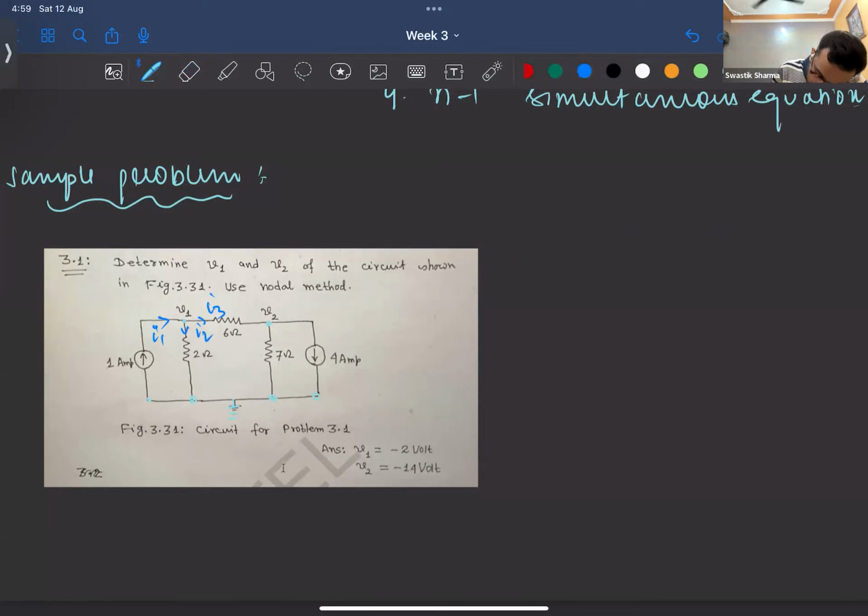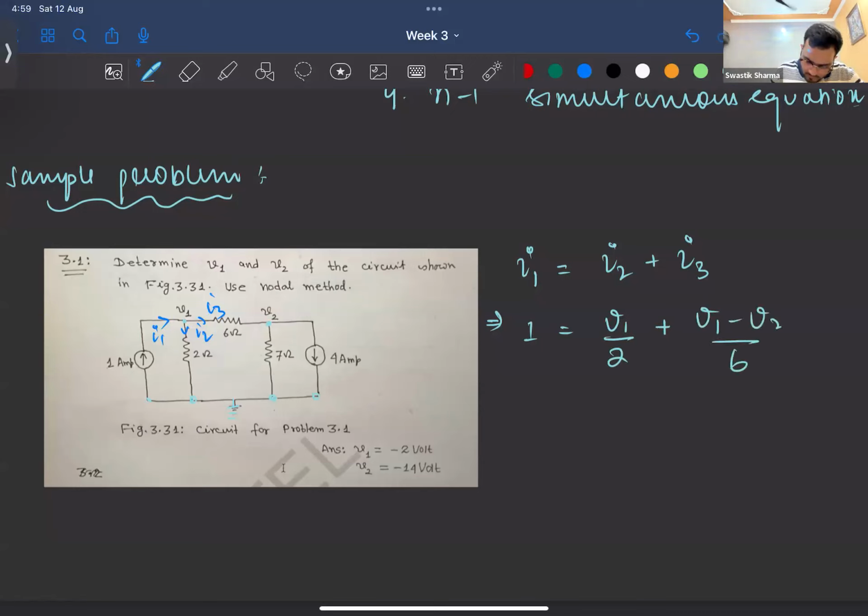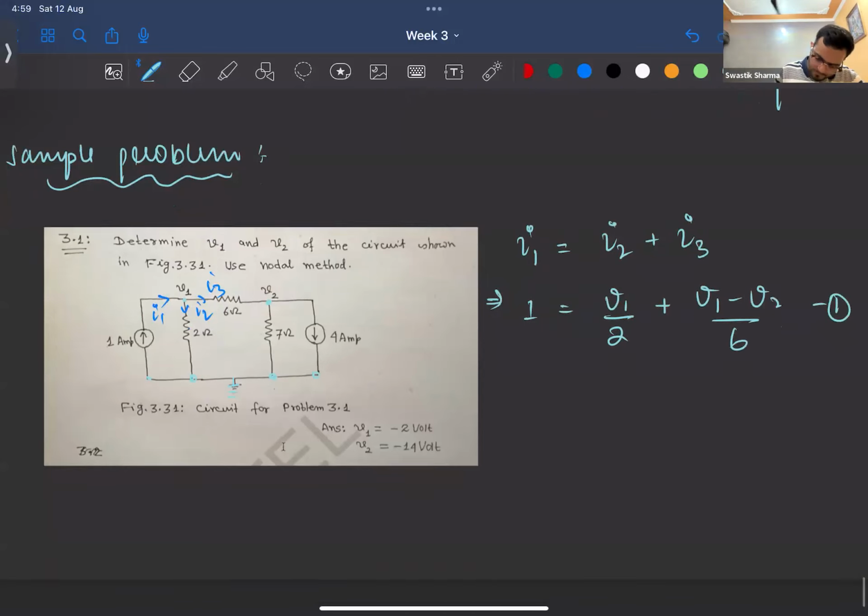KCL would come out to be I1 equals I2 plus I3, right? So what is I1? I1 is nothing but 1. I2 is V1 minus 0 upon 2, plus I3 is V1 minus V2 by 6, right? So this is the first equation.